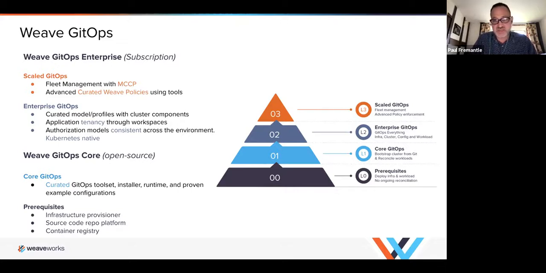What we've noticed is that there's a maturity growth process that organizations go through as they adopt GitOps. Typically they start out without real GitOps, but maybe using Git to store and manage some of their operational YAMLs, without full reconciliation and without really doing ongoing GitOps.